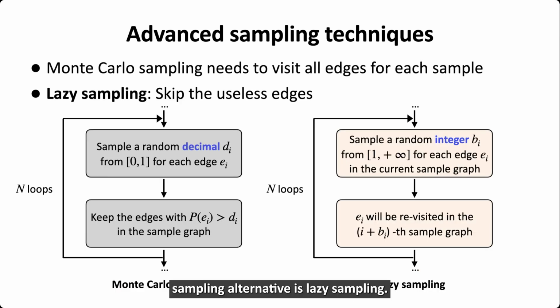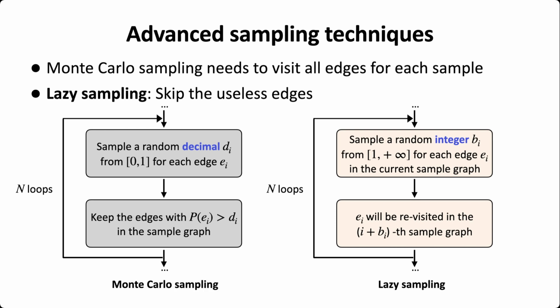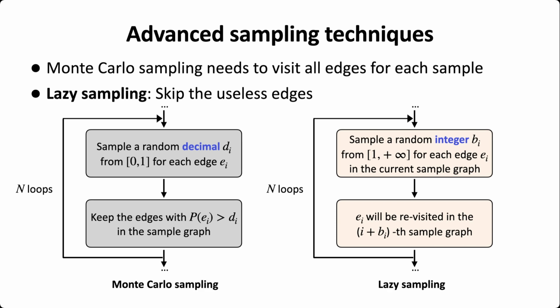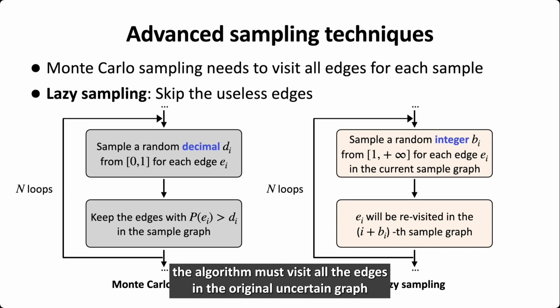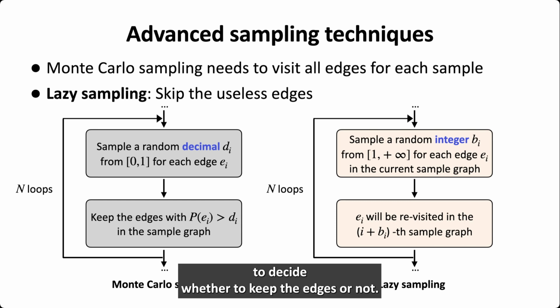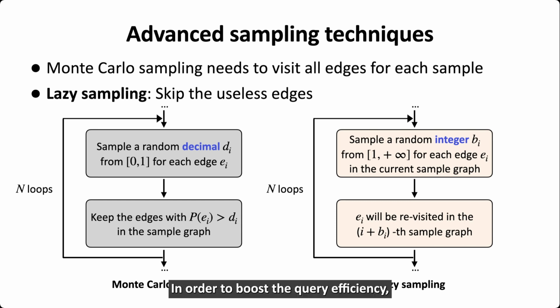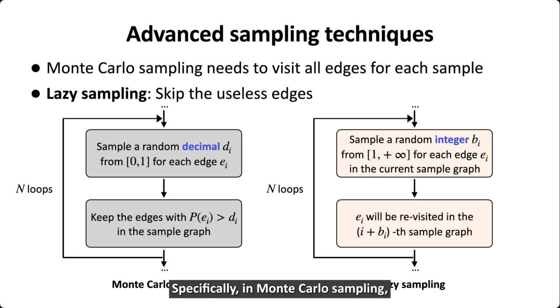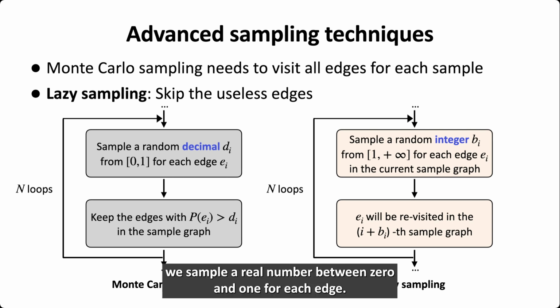Another sampling alternative is lazy sampling. We find that in Monte Carlo sampling, in each sample graph, the algorithm must visit all the edges in the original uncertain graph to decide whether to keep the edges or not. In order to boost the query efficiency, the lazy sampling technique is designed to skip the useless edges. Specifically, in Monte Carlo sampling, we sample a real number between 0 and 1 for each edge.